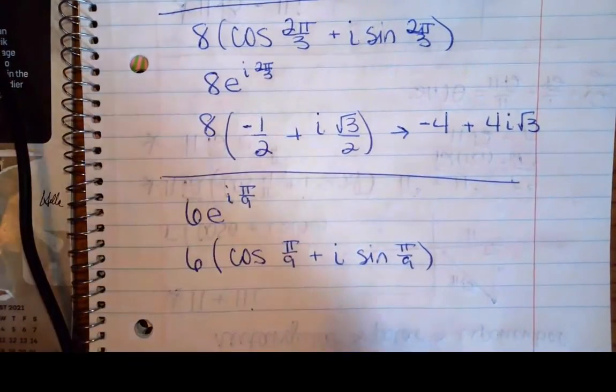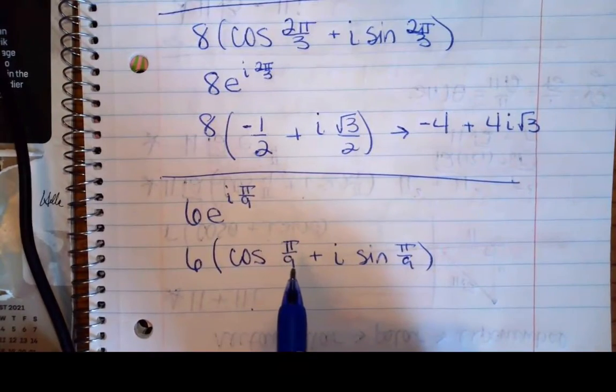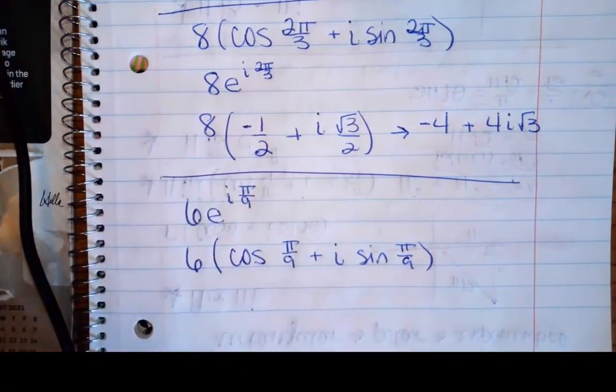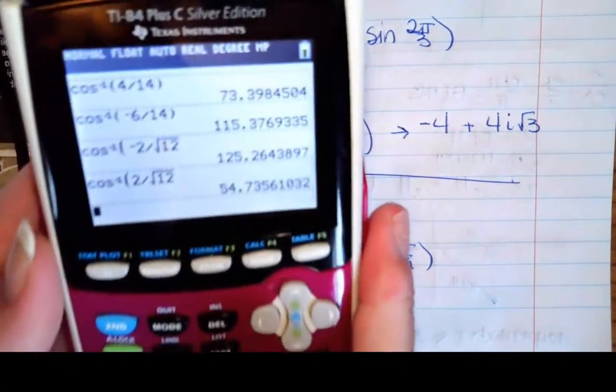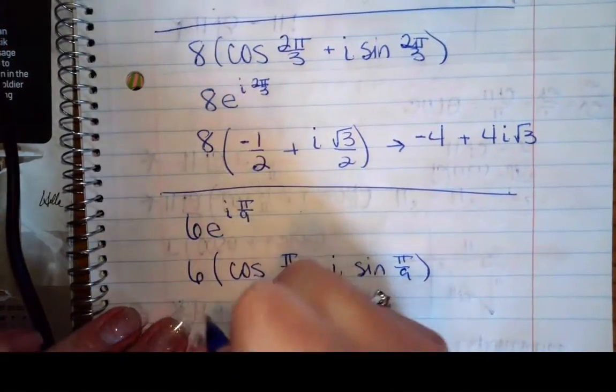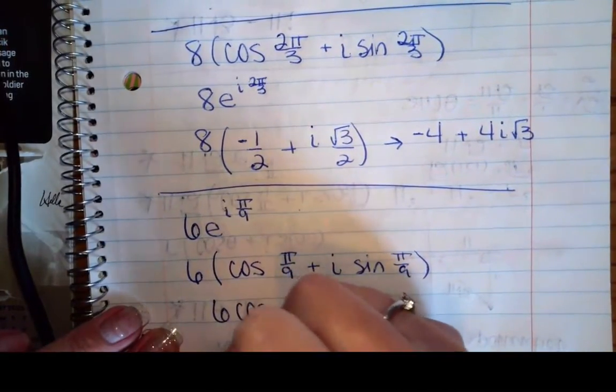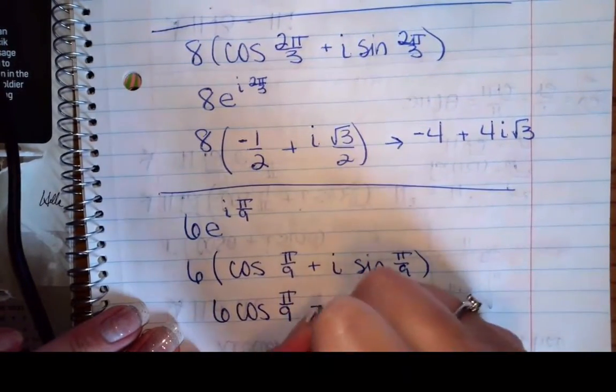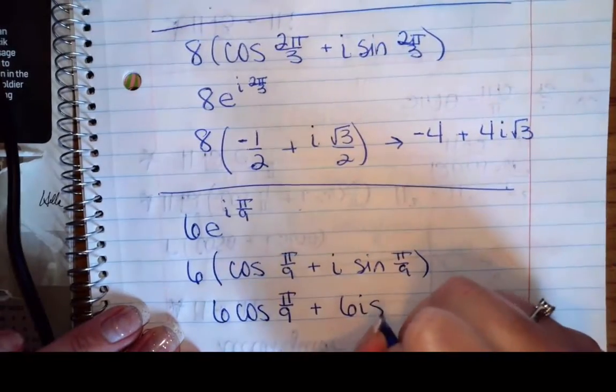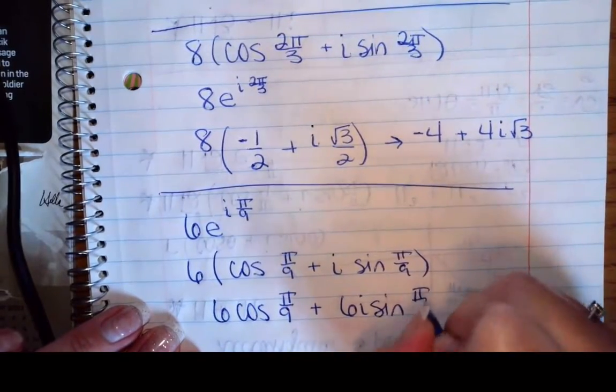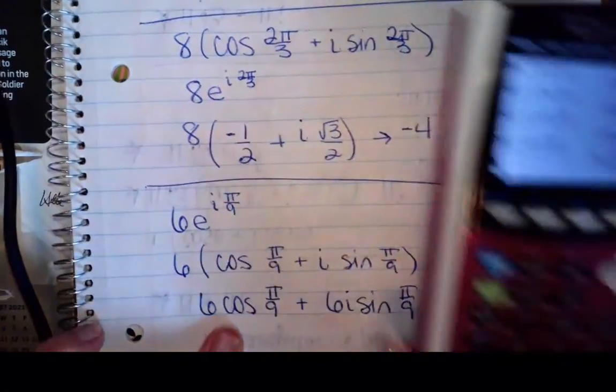Now I need to go rectangular. π/9 is not a benchmark angle, and so I am going to distribute my 6. So I've got 6 times the cosine of π/9 plus 6i times the sine of π/9.